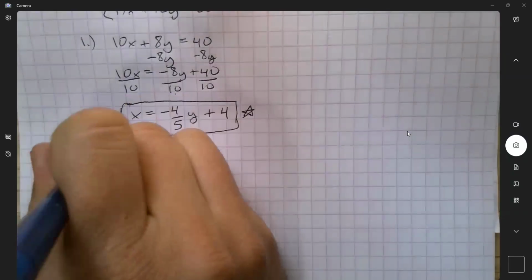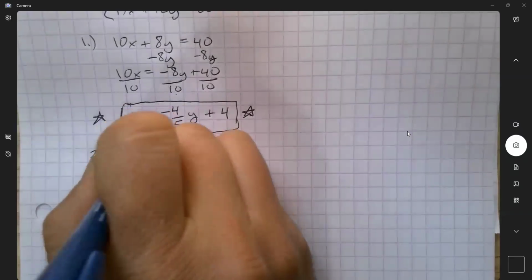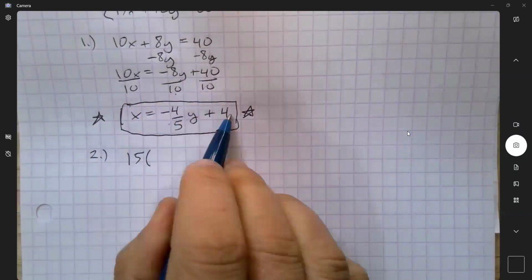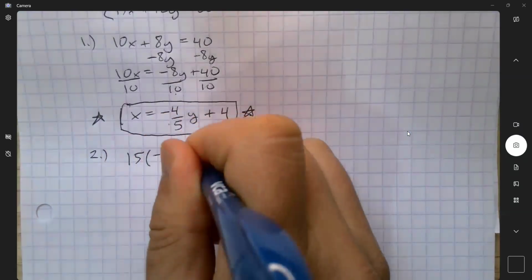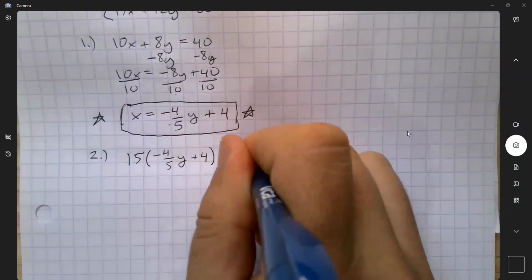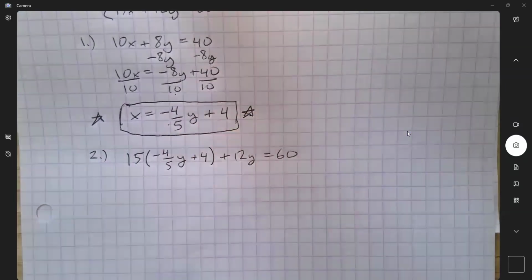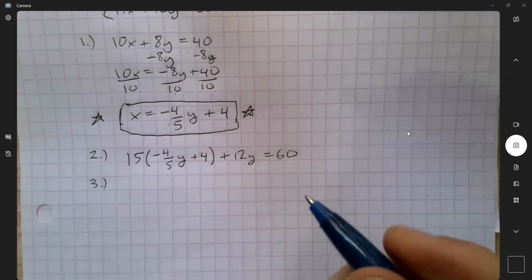Step 2 is to plug this into your other equation. So I have 15, but now my x I substitute with minus 4 over 5y plus 4. And then I have a plus 12y, and that should equal 60. And step 3 is to try and solve for y.